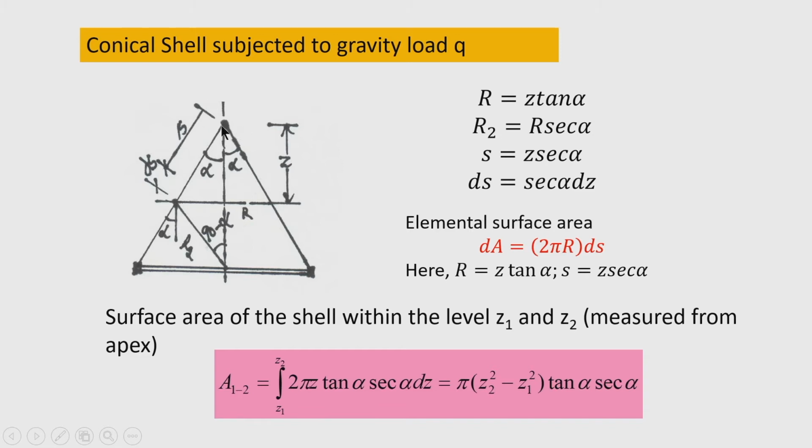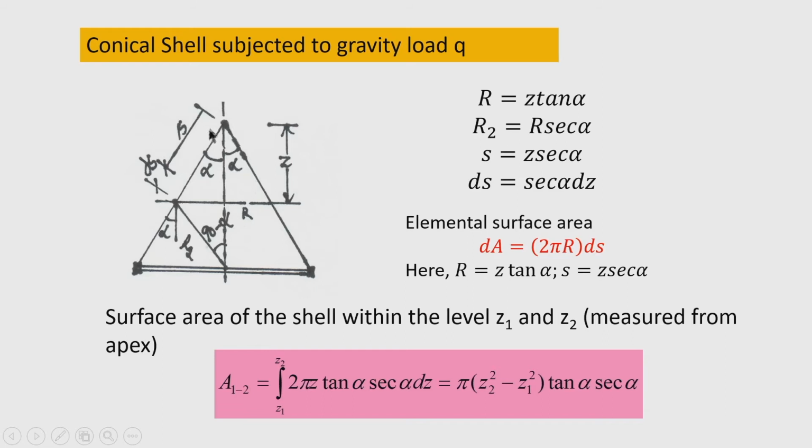Now, let us consider the slanting side, because the generator or directrix or meridian in case of conical shell is a straight line. It is a sloping line that we call the slanted line. We now measure the distance s and find the expression of s in terms of other geometrical parameters, because s can be related to alpha and z by a simple relation: s equals z secant alpha.